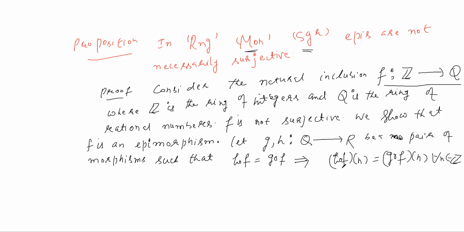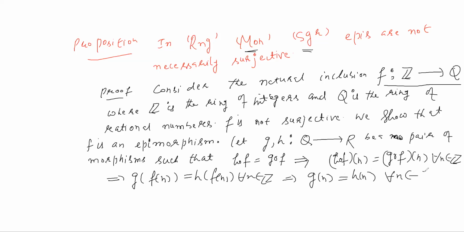But F is an inclusion mapping. So F acting on n is n itself. So this means G of F of n is H of F of n for all n in Z. F of n is n, so this means actually G of n is H of n for all n.